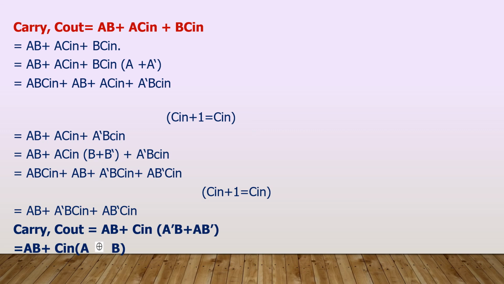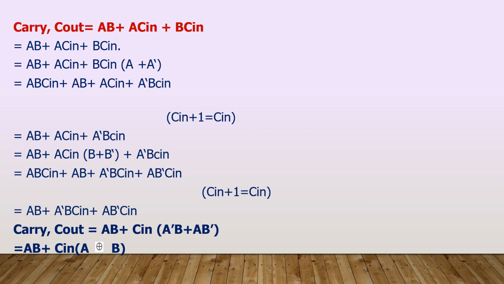So the carry out expression is AB plus A C in plus B C in. Here, for simplification purposes, we'll be considering A plus A bar, which is nothing but actually 1. So to derive that expression in such a way as to get the 2 half adder circuit, we'll be using this simplification process here.